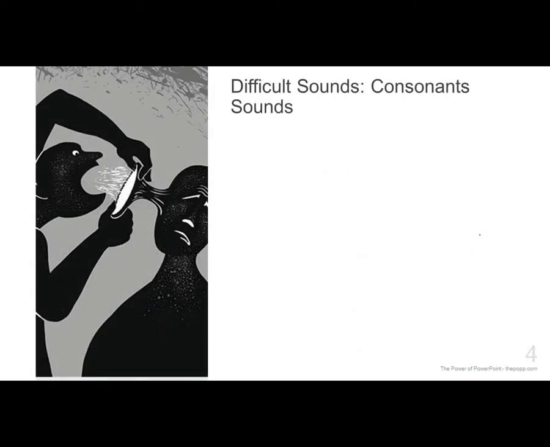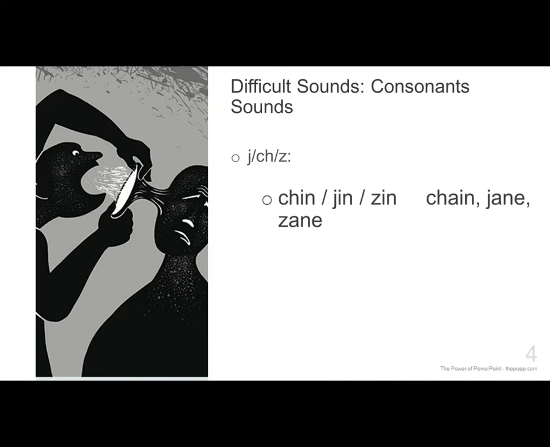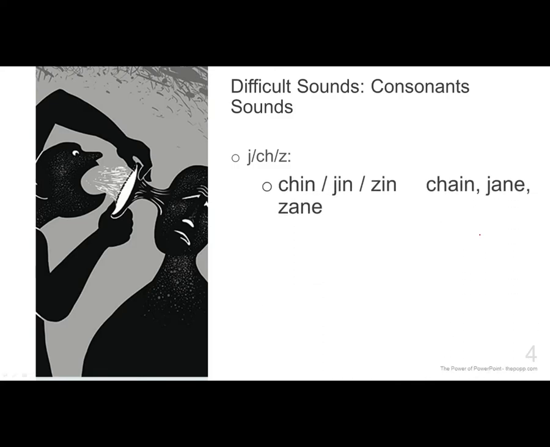So let's first get into difficult consonant sounds. These ones are a bit more obvious. I'm sure you're thinking of a few right now. Sounds of j, ch, z. So chin, jin, zin, or chain, Jane, Zane.